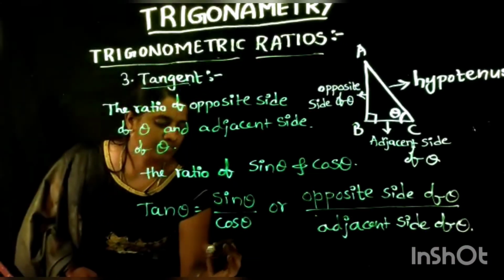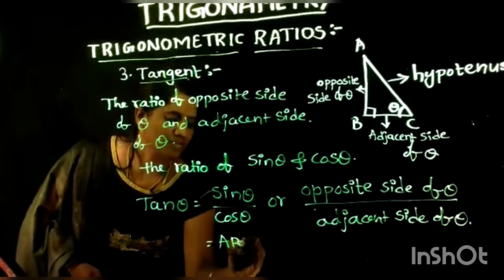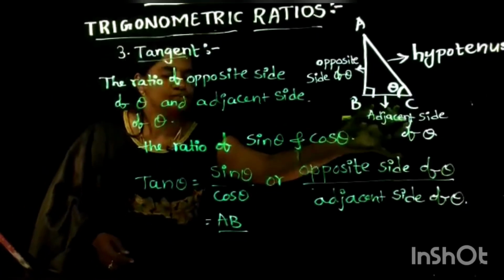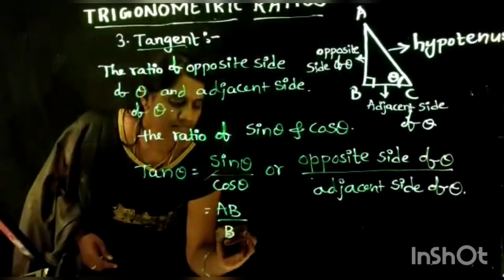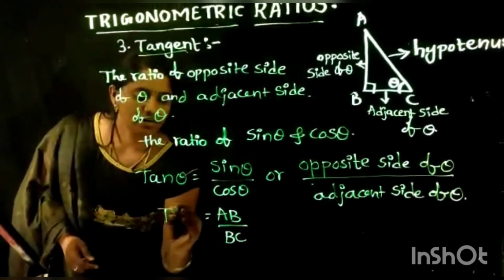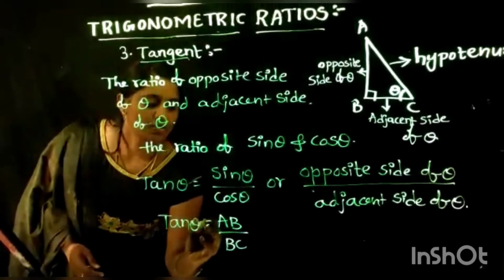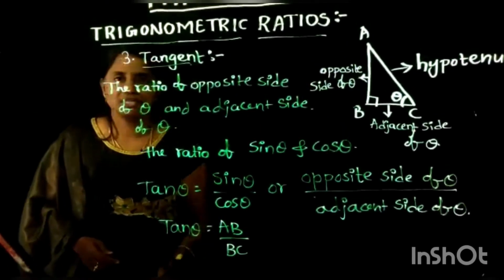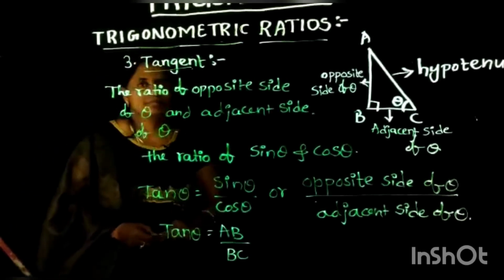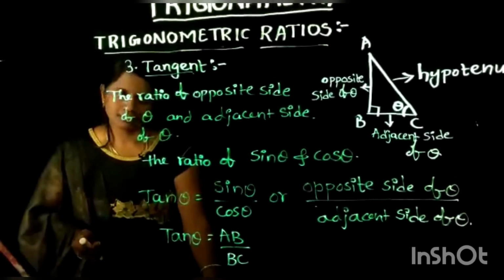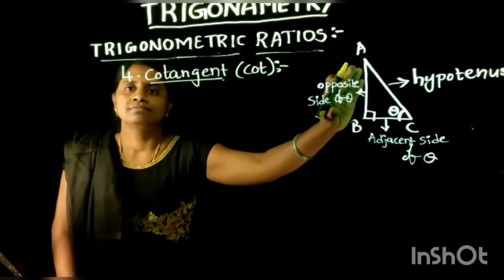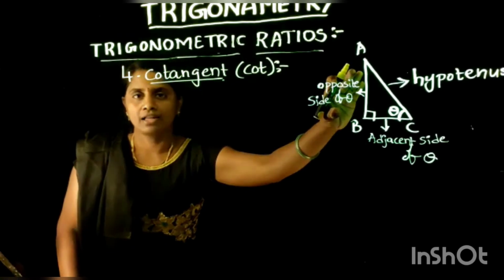AB. What is the adjacent side of theta? BC. So for the right angle triangle ABC, tan theta is equal to AB by BC.